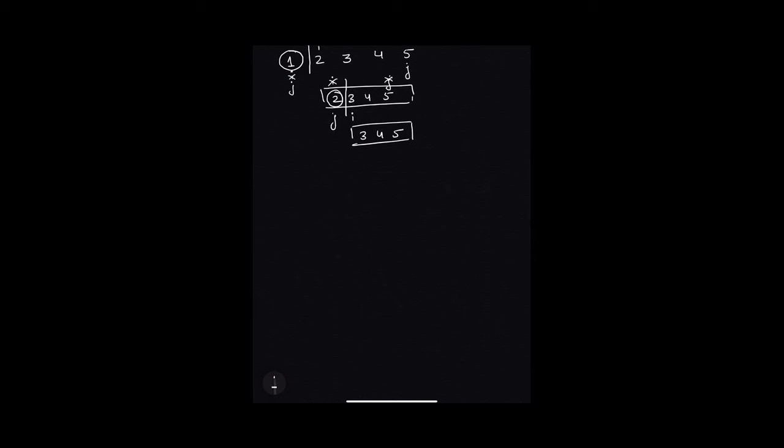The new array that I get is 3, 4 and 5. If I see it in some tree form, I had elements from 1 to 5. With the first partition, I get the value 1 and the array I was left with contained 2, 3, 4 and 5.